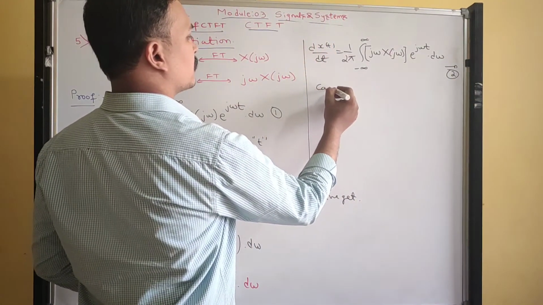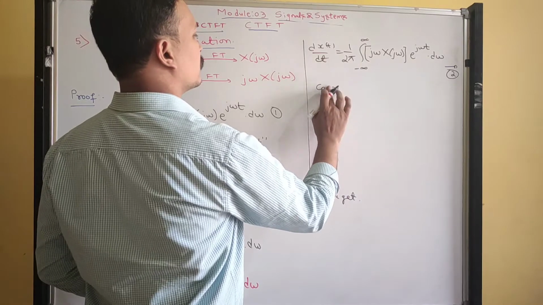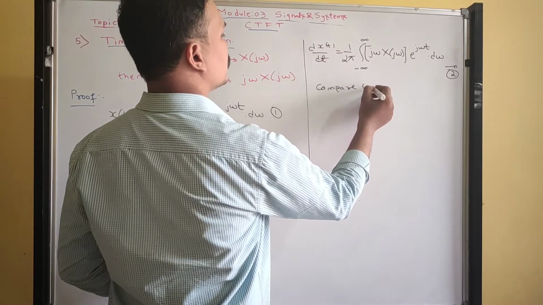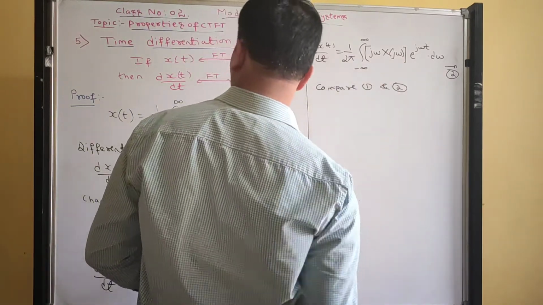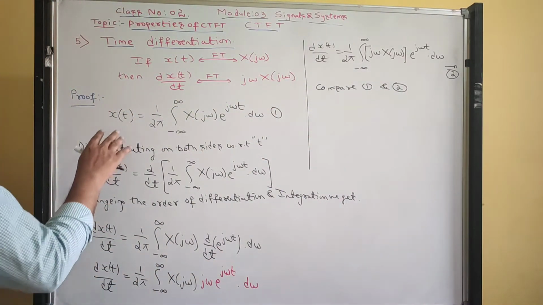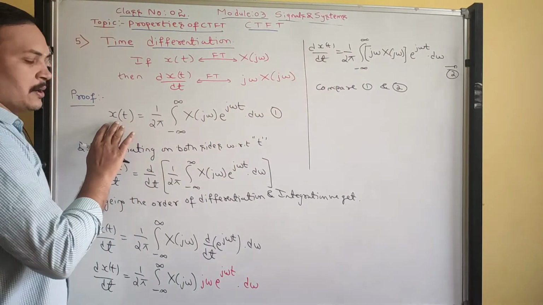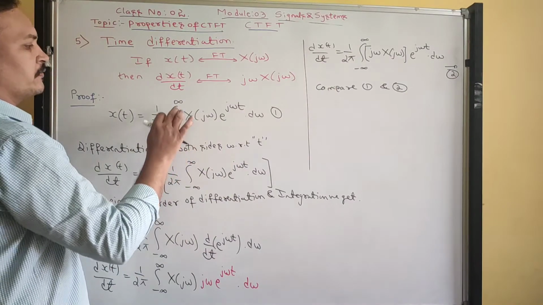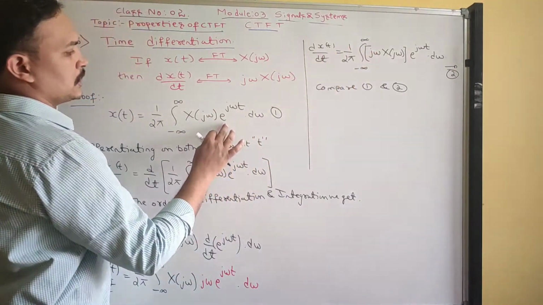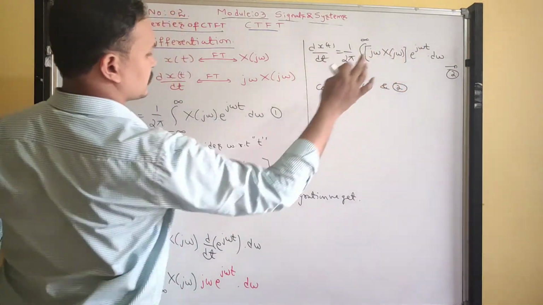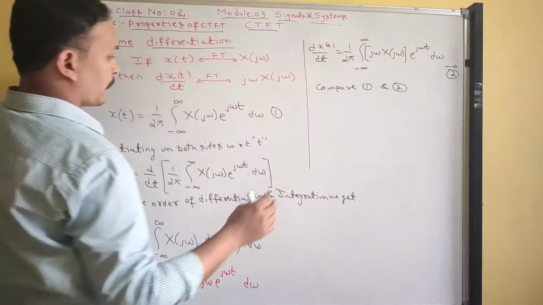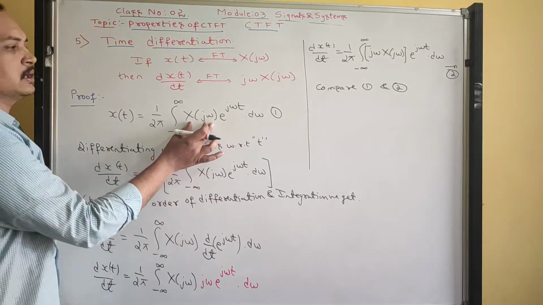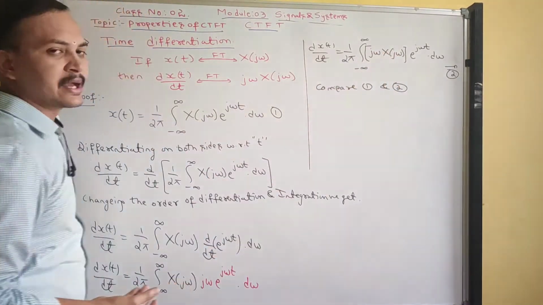Now compare equation 1 and 2. Look here: x of t, but it is differentiated. The non-periodic signal is differentiated with respect to time. 1 by 2 pi is there, minus infinity is there, e power j omega t is there, d omega is there. What is changed? The spectrum x of j omega becomes j omega into x of j omega.